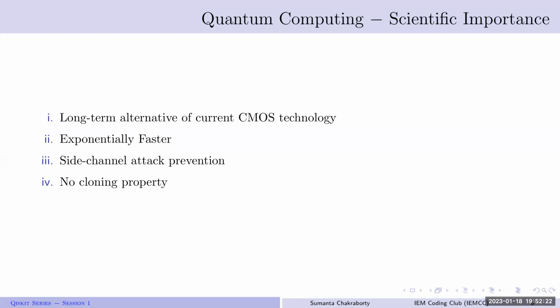In classical computing, for any variable, suppose a equals 5, you can copy it, b equals 5, just like this, but you cannot copy in quantum. Whenever I discuss circuits in the Qiskit environment, it will be easier for you to understand why we cannot copy. But right now we can understand that the no cloning property means no copy or clone is possible. No qubit can be copied.